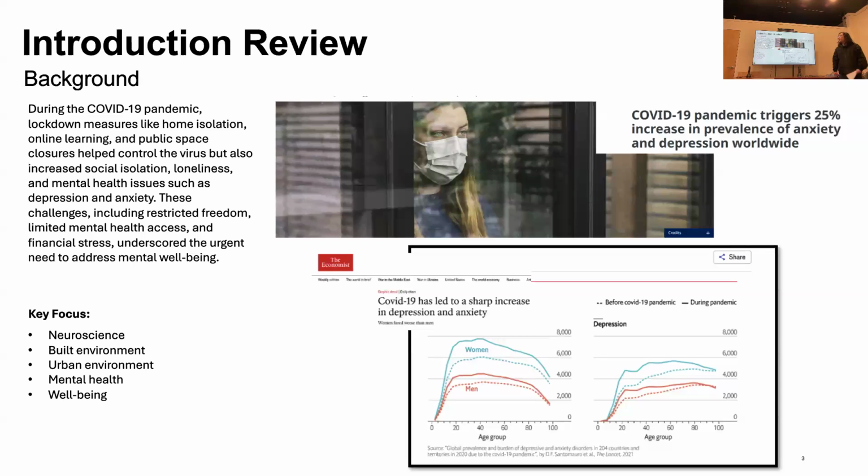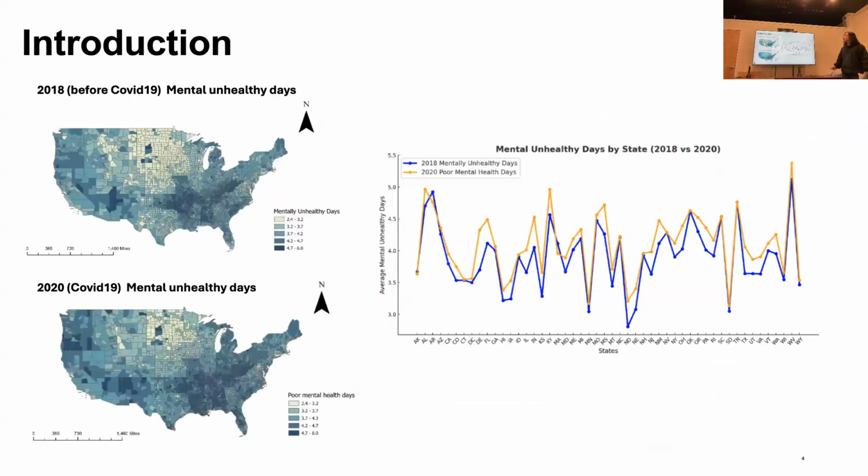These challenges, including restricted freedom, limited mental health, and financial stress, underscore the urgent need to address mental health and well-being. You can see the mentally unhealthy days across the United States before COVID-19 and during COVID-19. The number of mentally unhealthy days increased across different states.